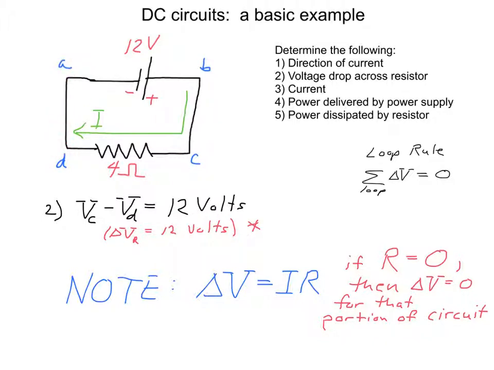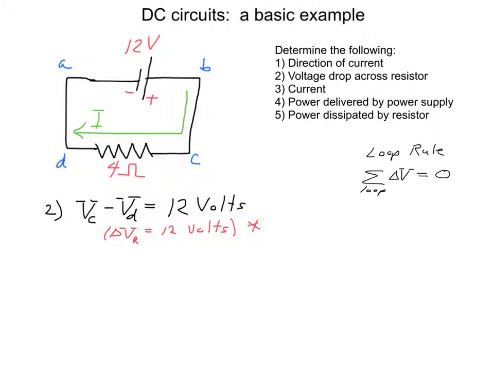So the change in potential from B to A must be the same as the change in potential from C to D. From A to B we have a gain of 12 volts in potential, so therefore from B back to A we would have a drop of 12 volts in potential. So from C to D we must have a drop of 12 volts of potential, and that is indeed the 12 volt voltage drop across the resistor.